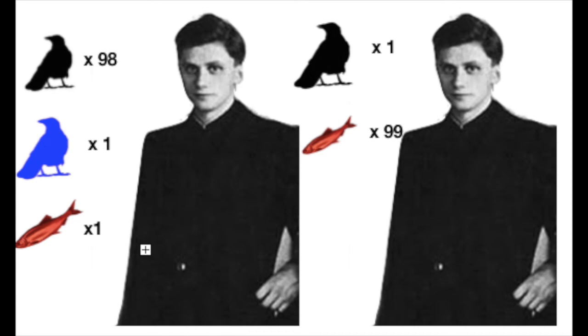That's because the probability that we found the one black raven in the world where everything is a black raven or a red herring is much smaller than the probability that we found one of the 98 black ravens in the world that also includes a blue raven. So given certain background information, a black raven can actually be evidence against the statement that all ravens are black.